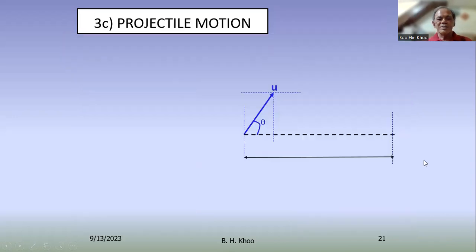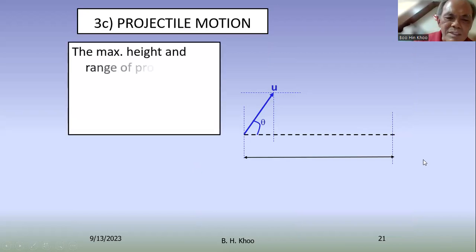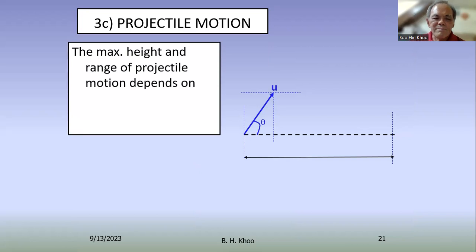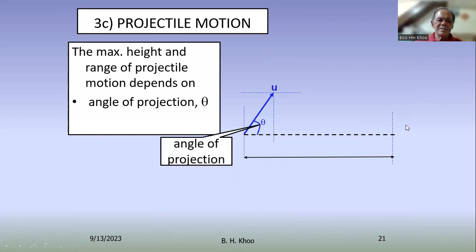In projectile motion, the maximum height and the maximum range of the projectile depend on the angle of projection. Theta is the angle of projection. This is the ground, horizontal line. This is called the initial velocity.